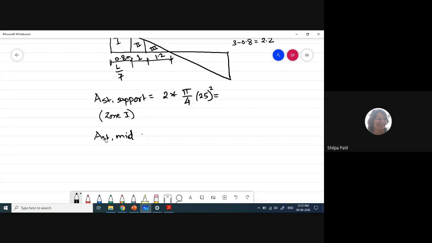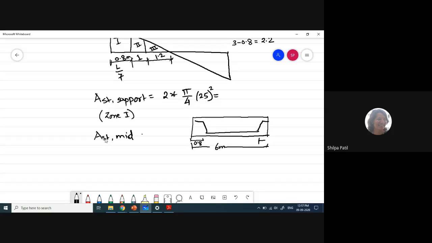At the midspan, all the 4 bars will be present, because bar bending is done at a distance of L by 7 only. If I consider a longitudinal section of a beam, this is my entire beam of 6 meter. At a distance of 0.8, my bars are bent like this.